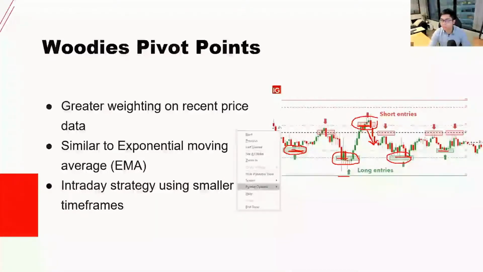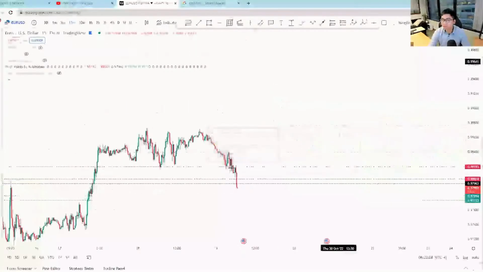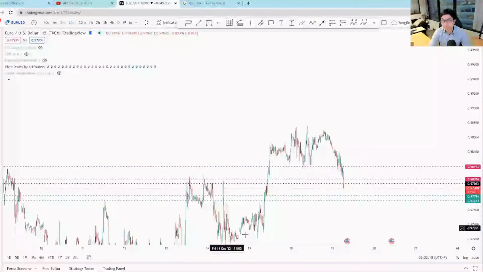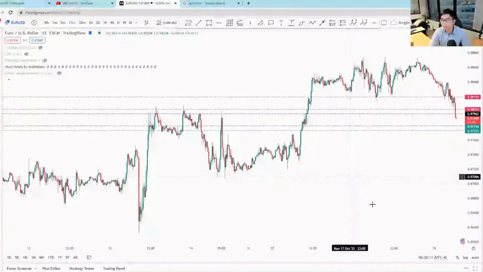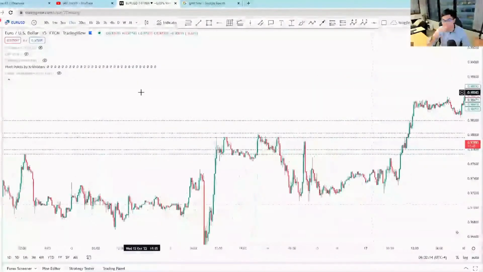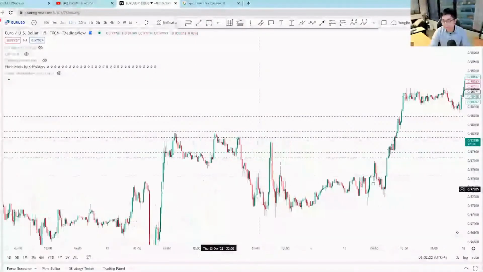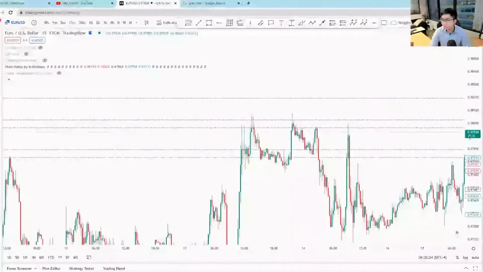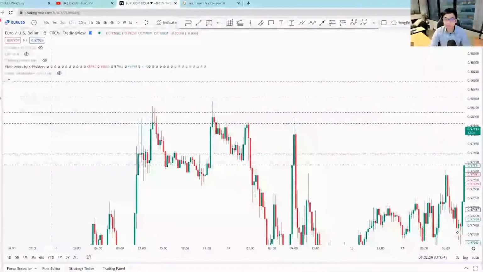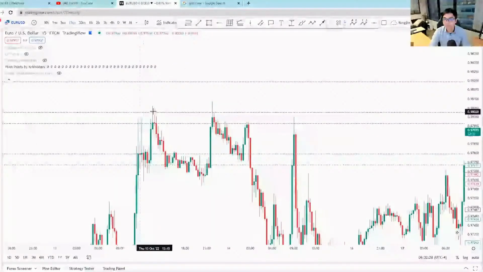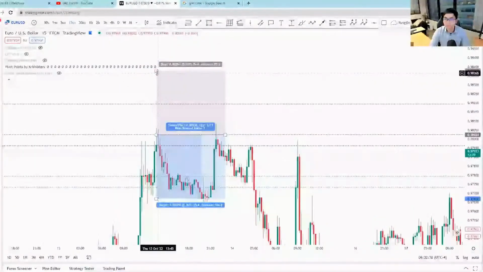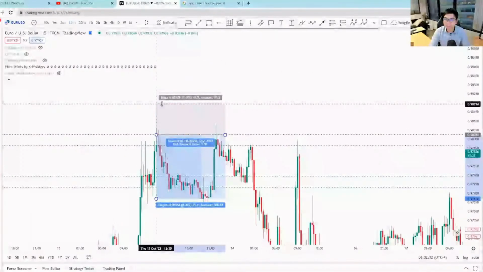Okay, Woody's pivot points. Get to the chart. Okay, let's take a look. Since Woody's pivot points are for the intraday traders. Okay, no issue, continue class. Okay, you can take a look right here. So, you have a short position, stop loss at the second resistance.